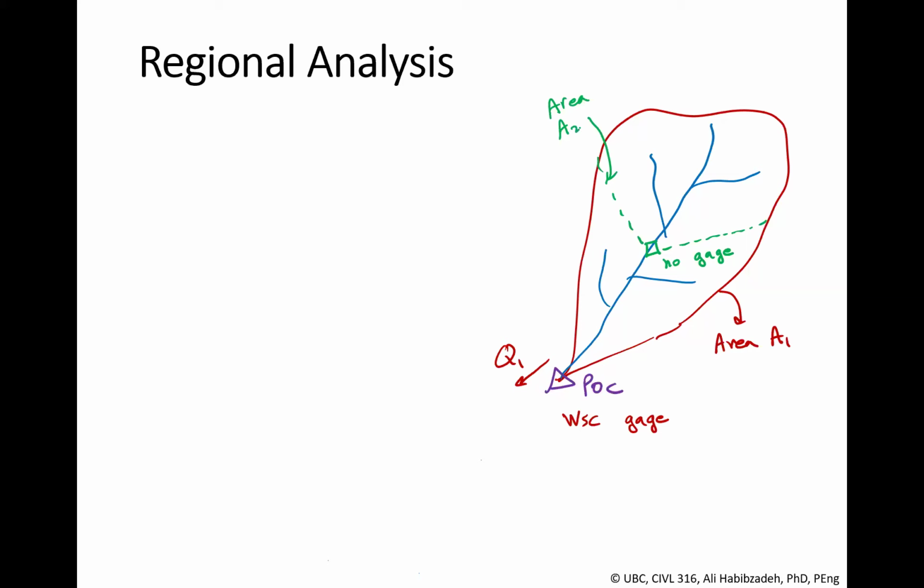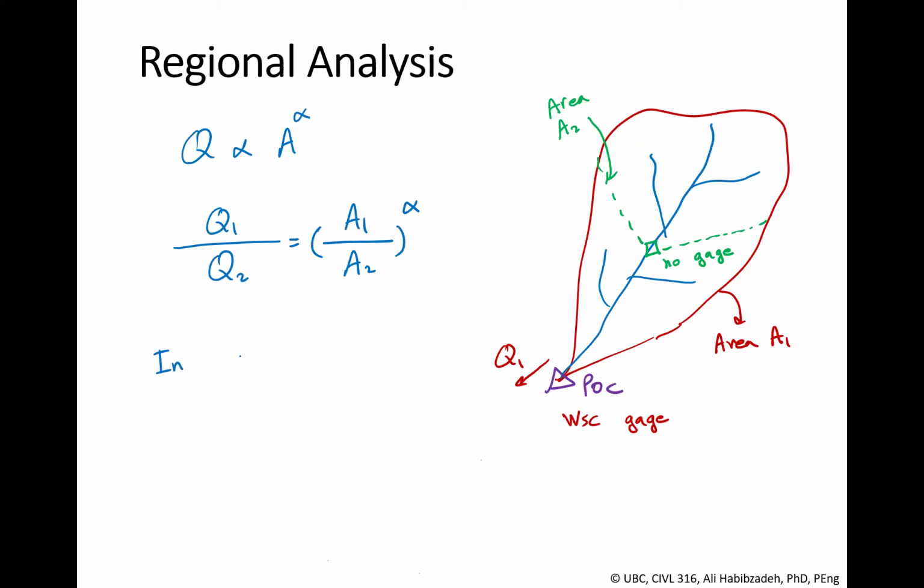So what we do in cases like this, and it's very, very common, this is all the time, is that we assume that discharge or runoff is proportional to the area of the catchment raised to a number like alpha. And following that, we could say if one catchment is a subcatchment within the next one, the ratio of discharge between the two is equal to the ratio of their areas raised to alpha.